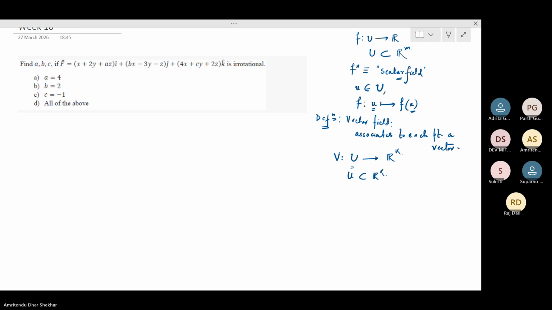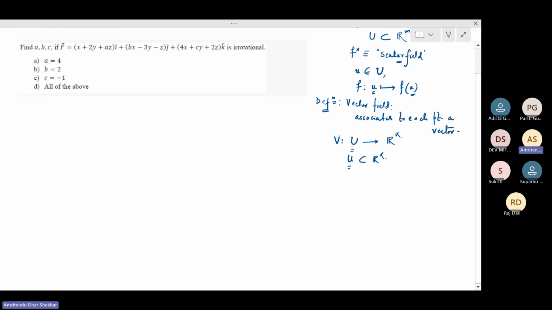Okay. So it's not just any arbitrary mapping. It's a mapping which associates to a subset U of R^k, a particular vector. Okay. So this is an example of a vector field.